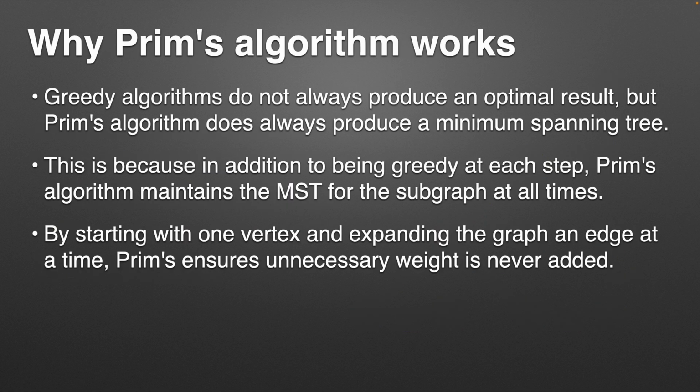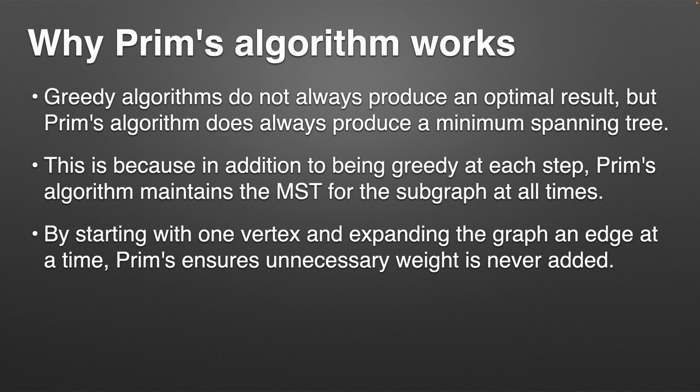So thinking about why Prim's algorithm actually works, because we said it was greedy. It's always saying, what's the lowest edge where I'm at now, not thinking about anything else. It's kind of intuitive why this works. If you imagine that you start with no graph and you're building the graph a vertex, or a node, at a time, then at every step of the way it is always the minimum weight that it could be.